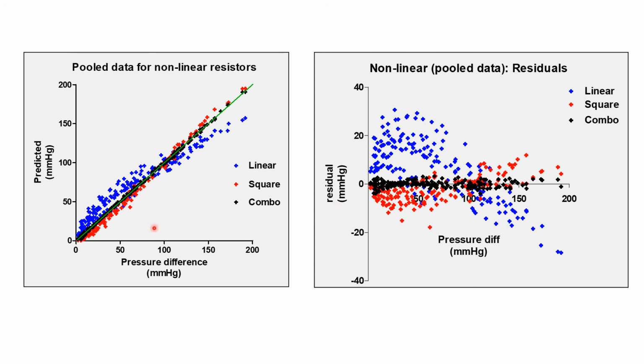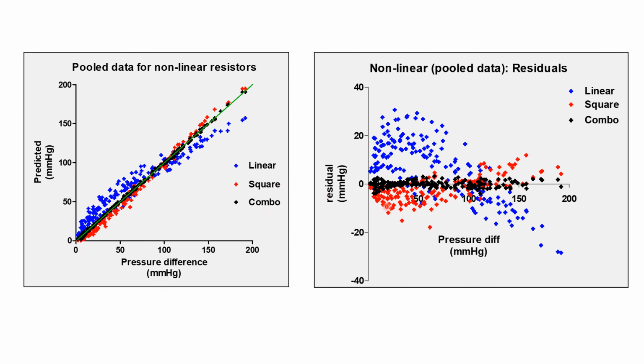Now I can also plot, instead of plotting the predicted pressure, just the error in comparison to the true pressure difference. So what was the error for that pressure difference after the regression equations, for the 3 regression equations? So the same data here.